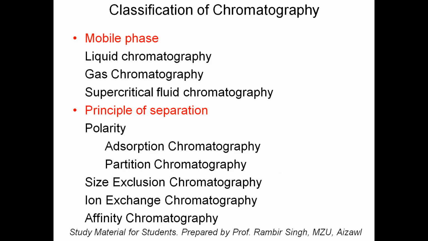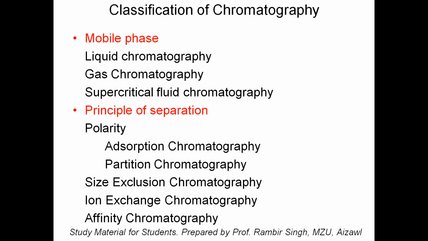Then definitely there will be lesser interaction of the stationary phase with the sample molecule, so we will have separation, but not unwanted or strong retention of the sample particles. So now you have liquid as a mobile phase and liquid as a stationary phase, or gas as a mobile phase and liquid as a stationary phase.